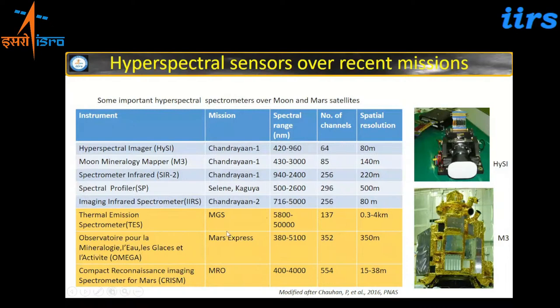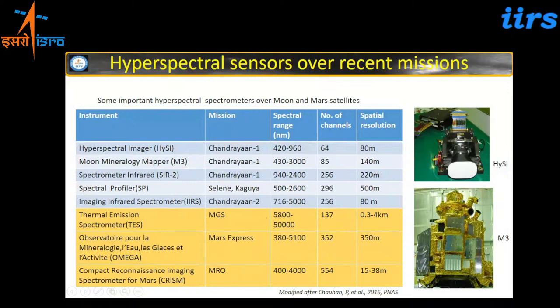OMEGA on board Mars Express has 380 to 5100 nanometer with 352 bands and 350 meter spatial resolution. And CRISM, Compact Reconnaissance Imaging Spectrometer, on board Mars Reconnaissance Orbiter, has a spectral range of 400 to 4000 nanometer and 554 bands, with a spatial resolution of 15 to 38 meter.